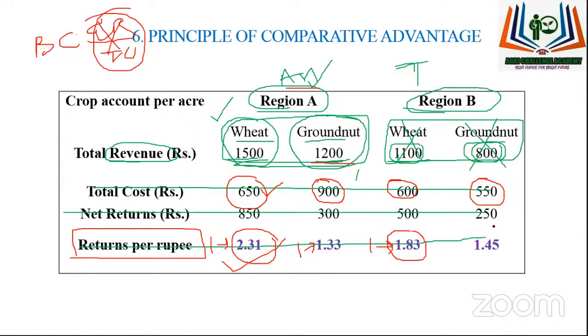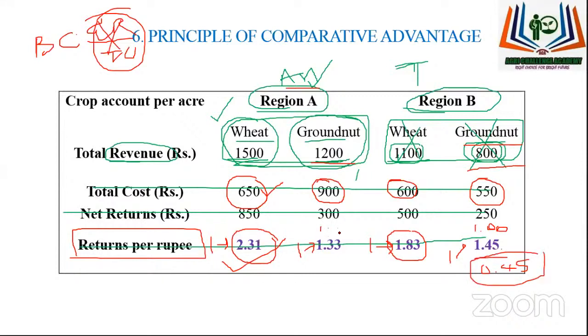Tamil Nadu groundnut production is 800 divided by 550 rupees, which gives 1.45. The 1 rupee cost gives 0.45 extra returns.